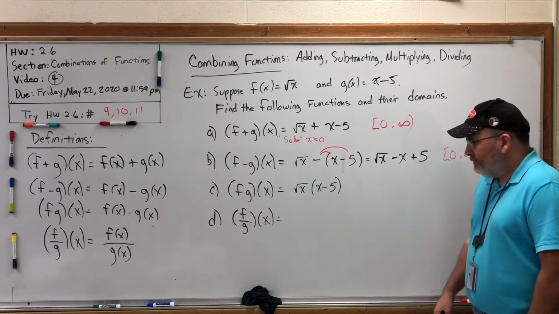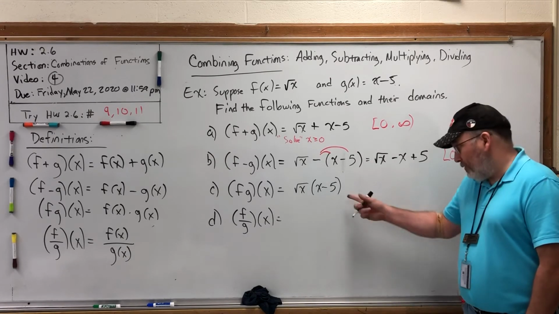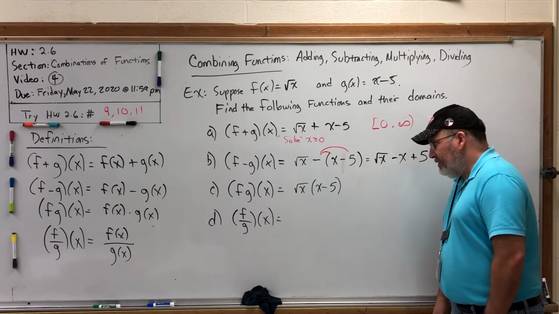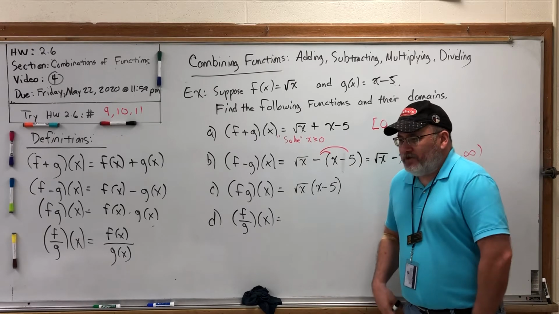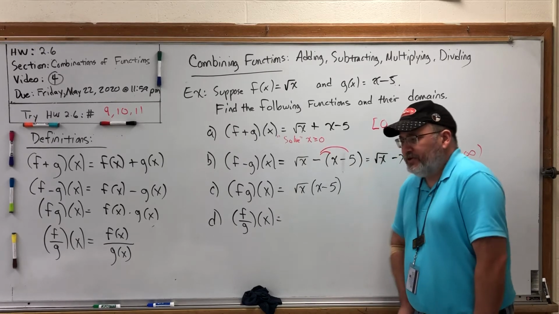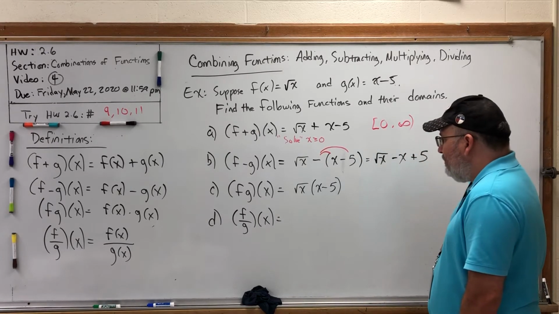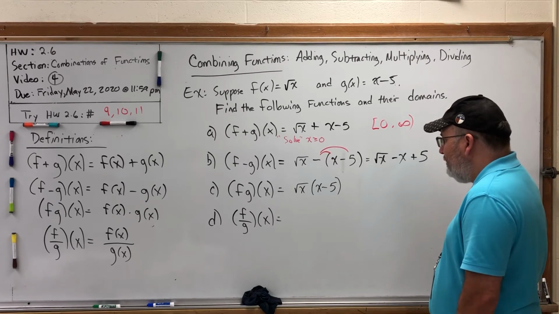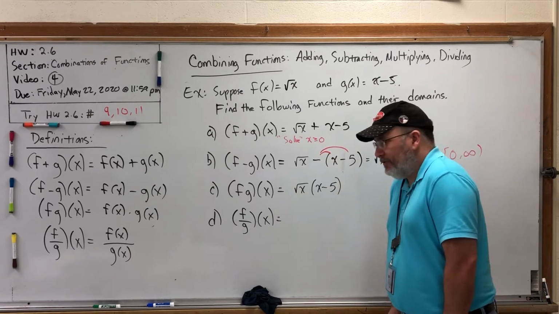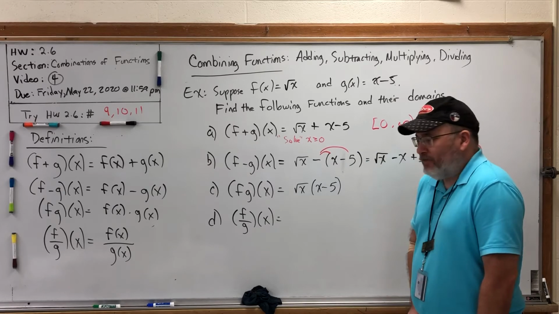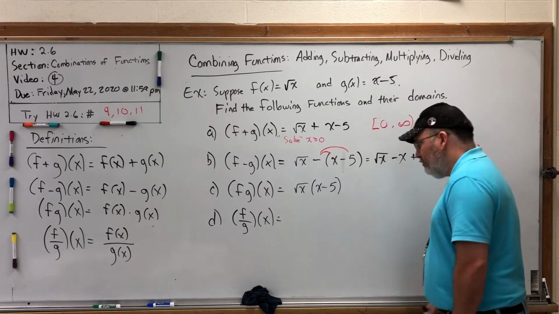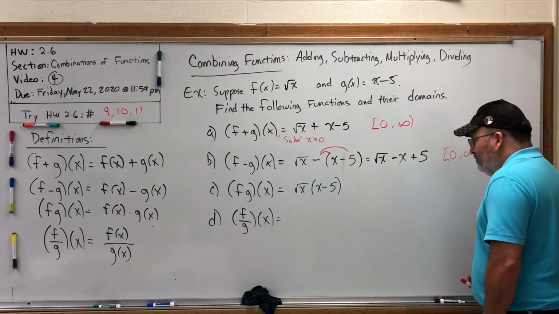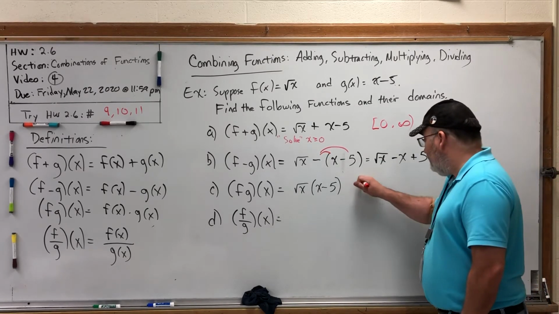You could, but I'll tell you right now, the homework will accept that answer because distributing it really isn't going to give you anything unless we go off into rational exponents, but since we didn't talk about those in a previous opportunity, I'm waiting until we get to logarithms. Then we just won't go down that path right now. This is a perfectly acceptable answer for the product of the two functions. And like the two functions above it, the domain is still the same.